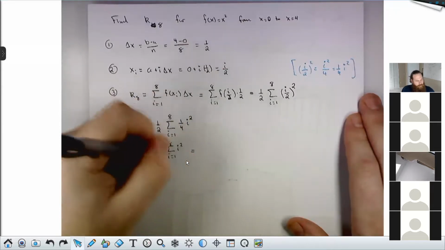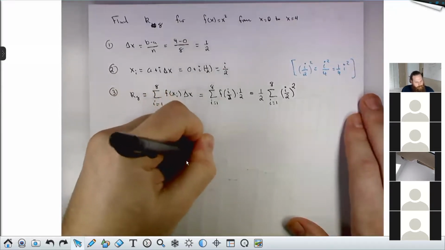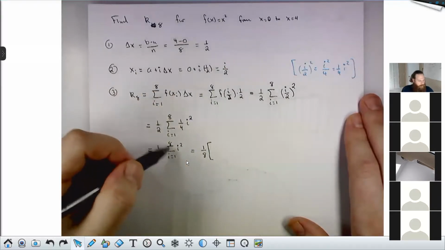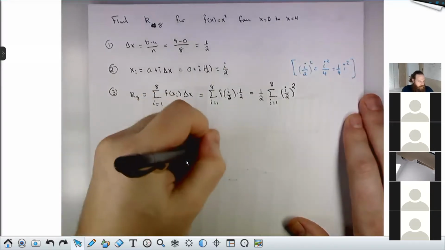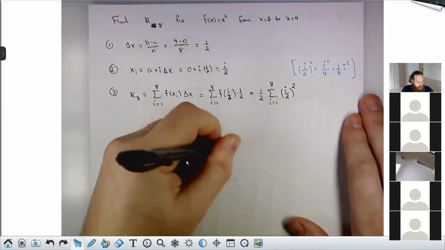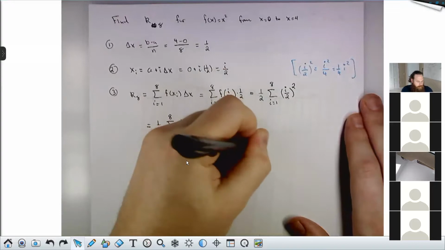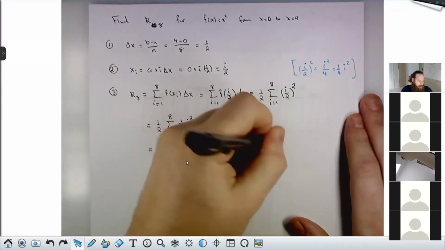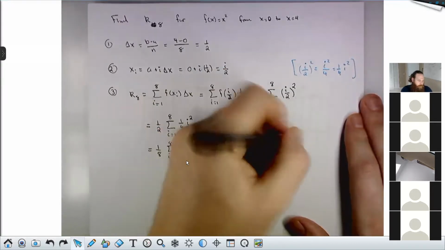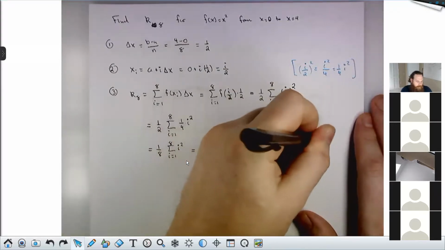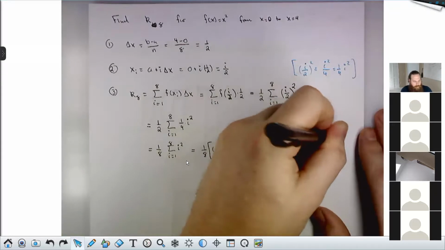Let's go ahead and now write this out. The 1/8 is there, and then the sigma i from 1 to 8 of i squared is 1 squared plus 2 squared plus 3 squared plus 4 squared plus 5 squared plus 6 squared plus 7 squared plus 8 squared.